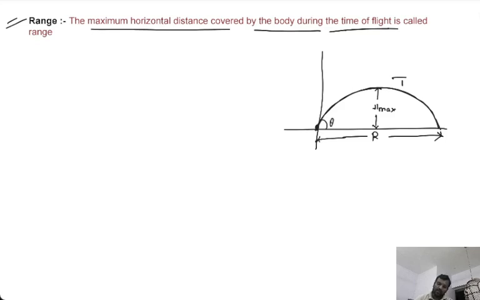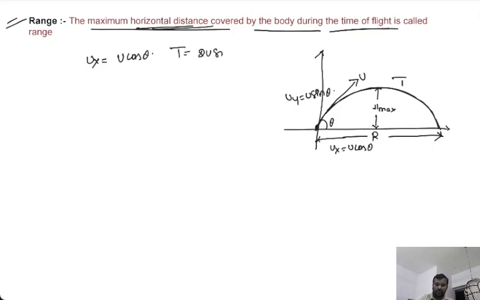You threw at angle θ. Projected velocity is u. Now you find out. Along the x-axis, why do you consider horizontal distance? Along the x-axis, ux is equal to u cos θ. Along the y-axis, uy is equal to u sin θ. Then the total time of flight is 2u sin θ divided by g.